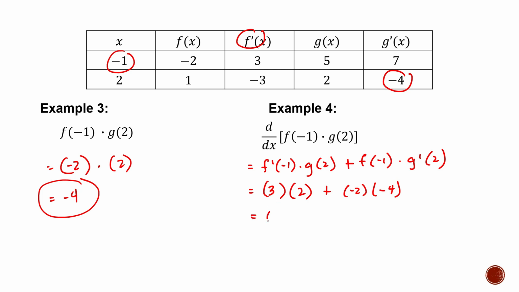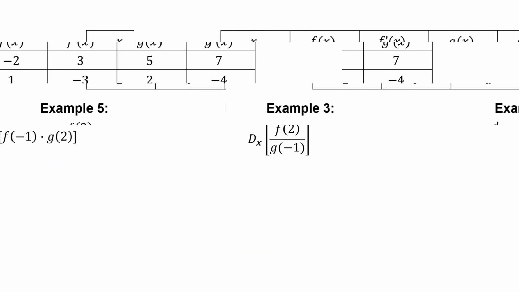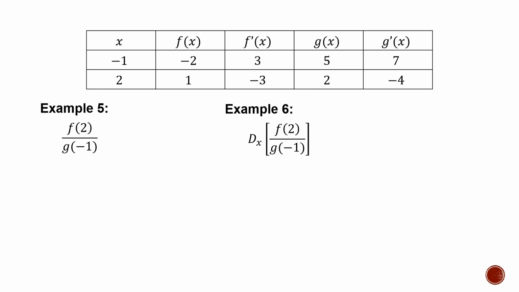So 3 times 2 is 6, plus negative 2 times negative 4 is positive 8. So this is 14.